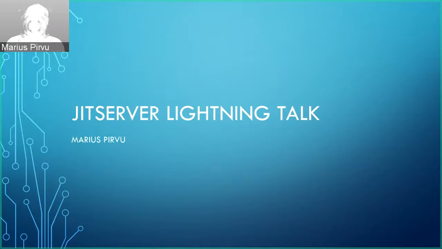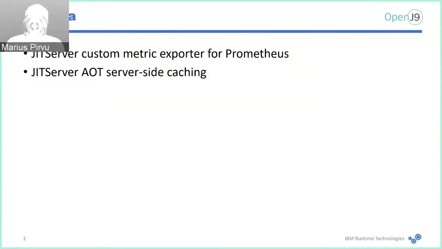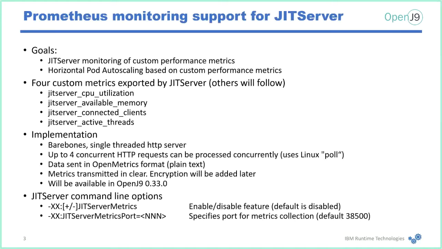So today I'm going to give you an update on two topics, and if you think that it's too much, we can stop after the first topic. The two topics are JITServer custom metrics.